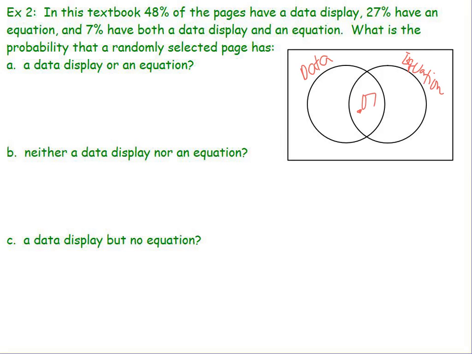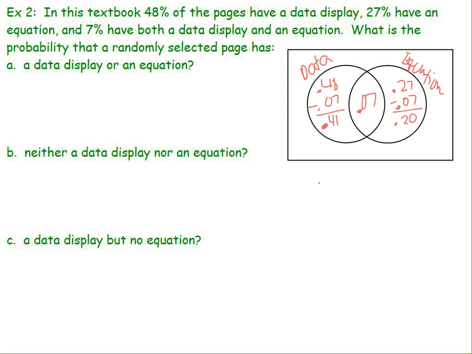That was 7, so 0.07. To find the number of pages that have only data, we're going to take the 48% and subtract the 7%, and that leaves us with 41%. For the equation, we're going to take the 27% and subtract 7, which leaves us with 20. And don't forget, we have that little leftover spot.